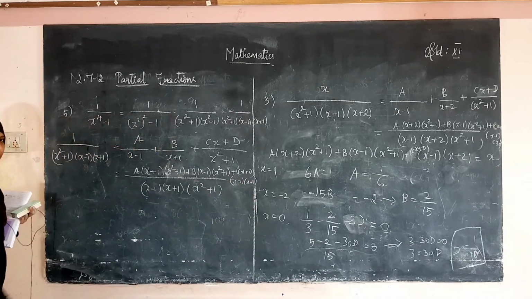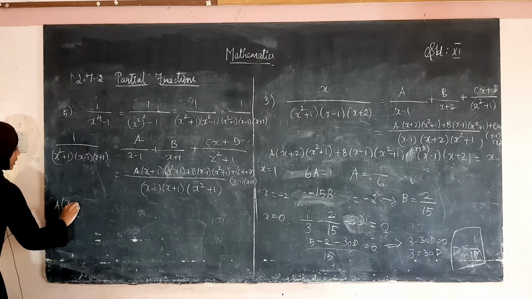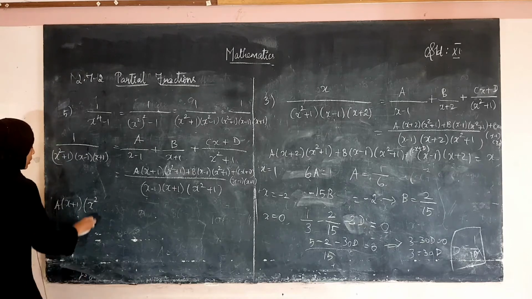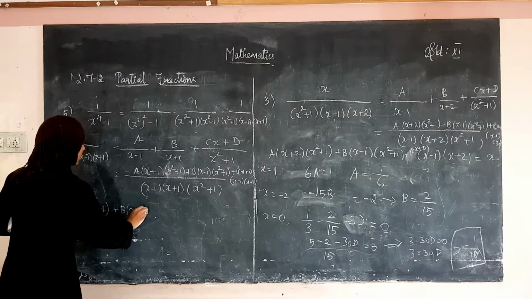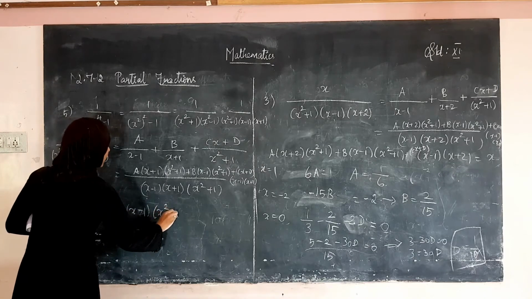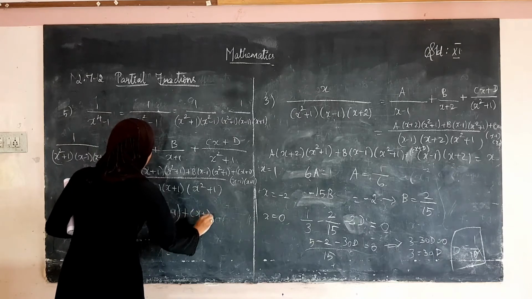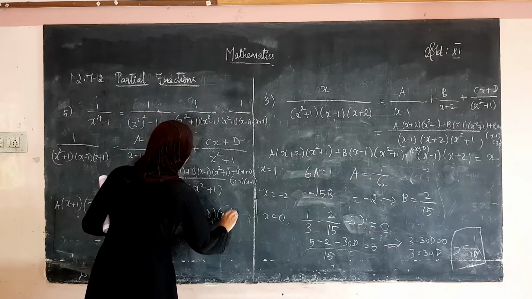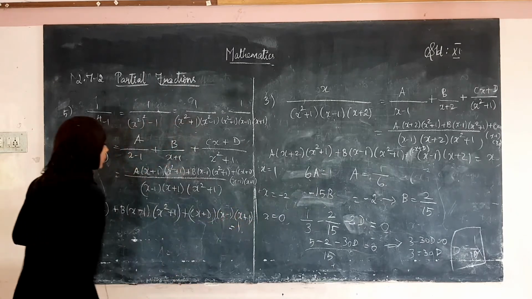So shall we equate the numerators alone? a into (x plus 1)(x squared plus 1) plus b into (x minus 1)(x squared plus 1) plus (cx plus d) into (x minus 1)(x plus 1) equal to 1.